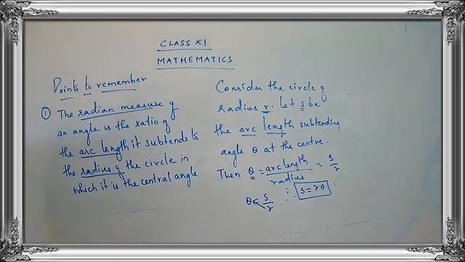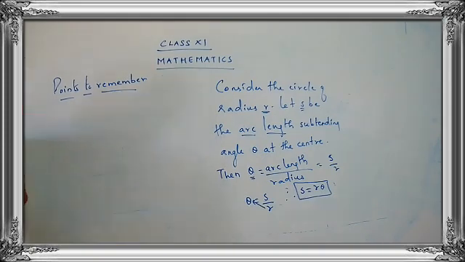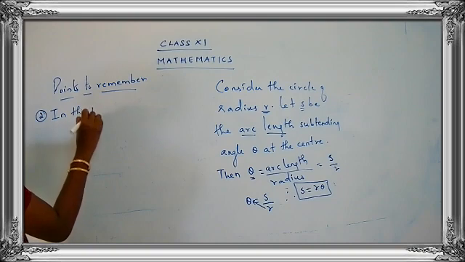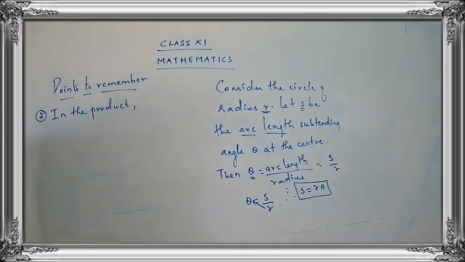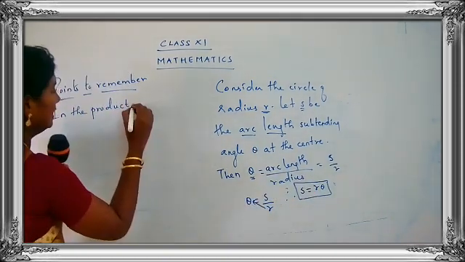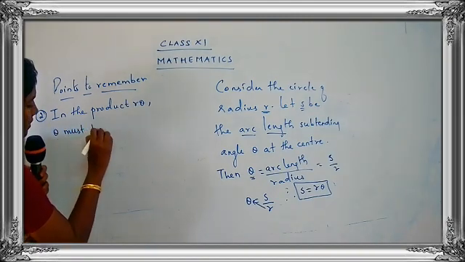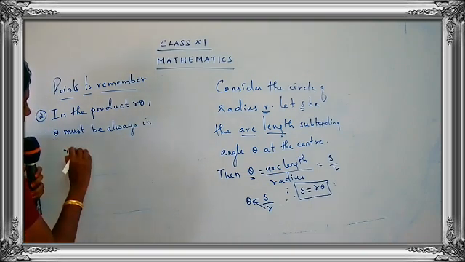Okay, let's go for the second point. In the product r theta, theta must always be in radians. So this is the condition for theta.